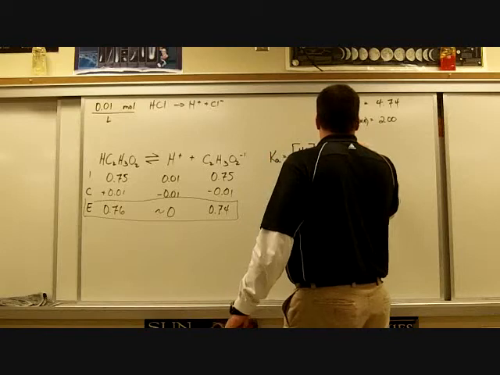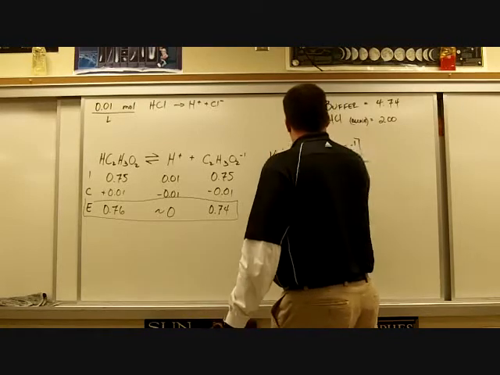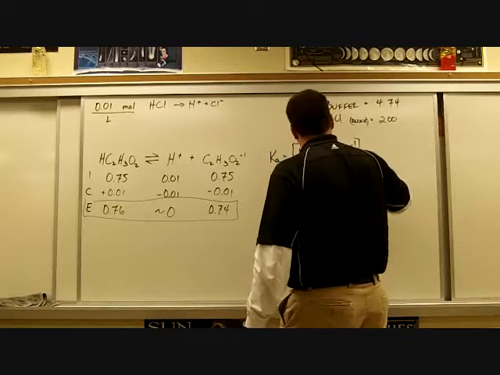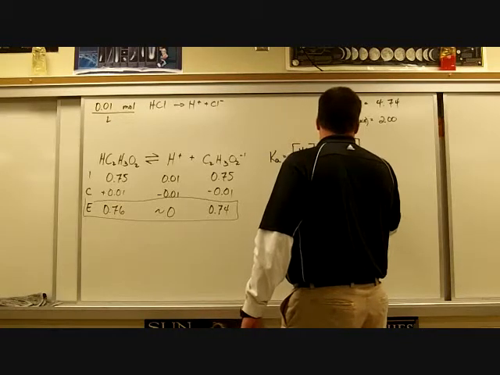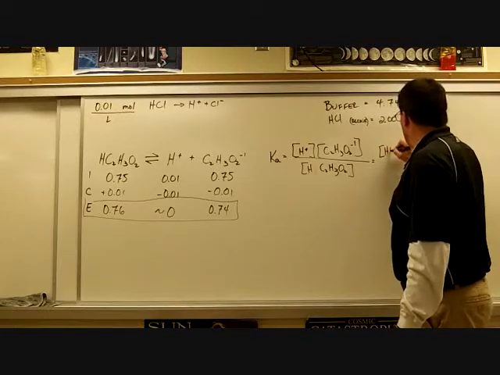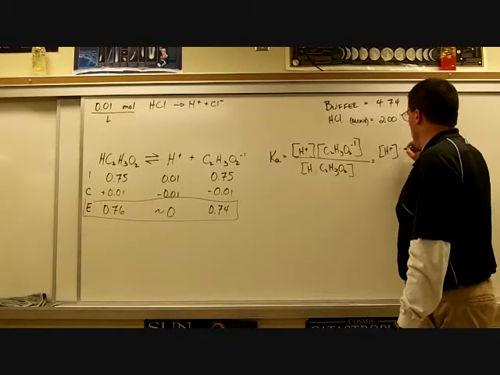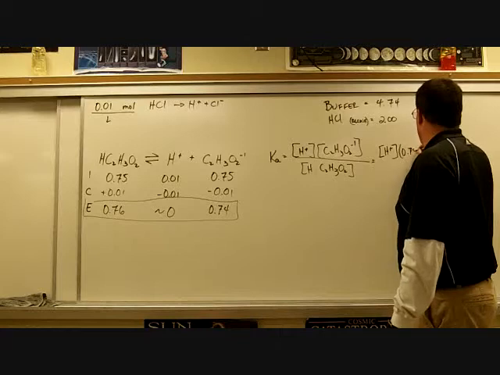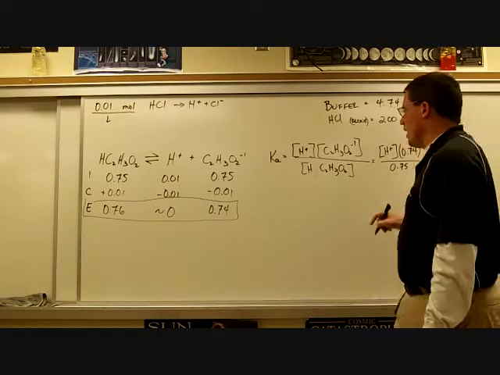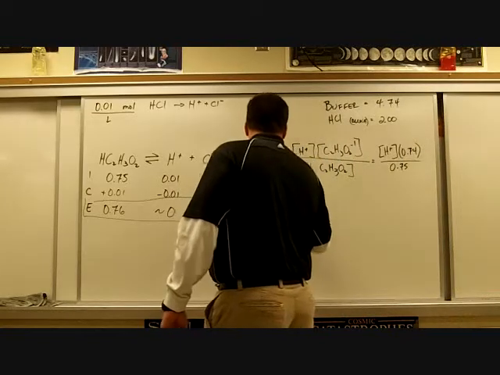Now you don't have to rewrite this if you did it in an earlier step, but I already erased it. So we're looking for the hydrogen, and we have 0.74 over 0.75, and it's still equal to Ka, so I have 1.8.